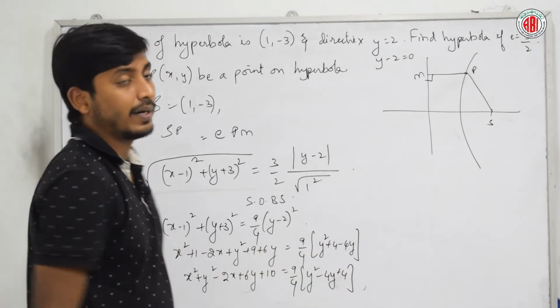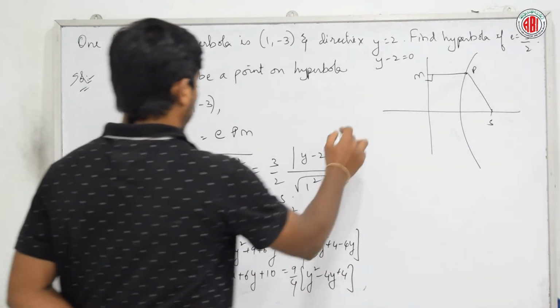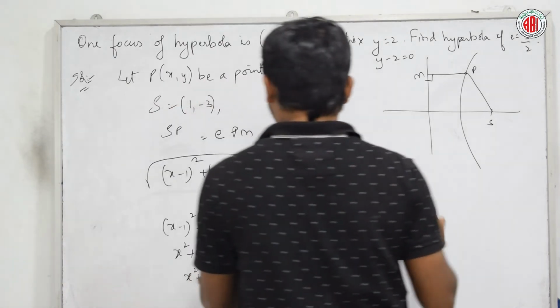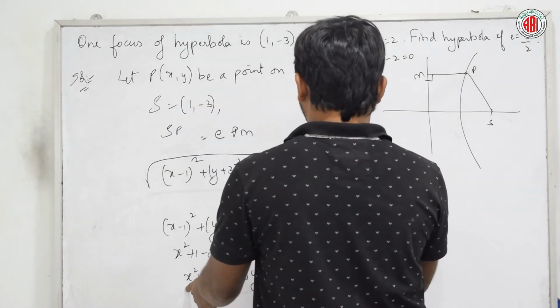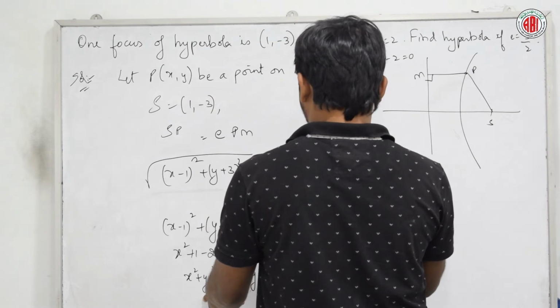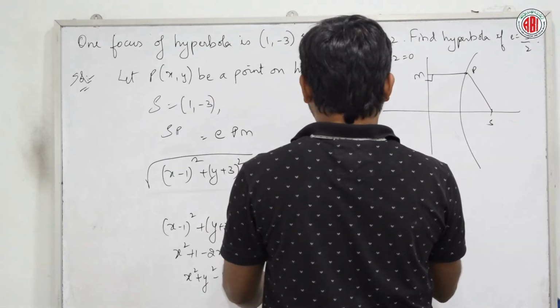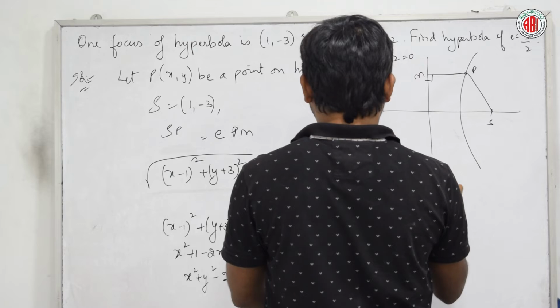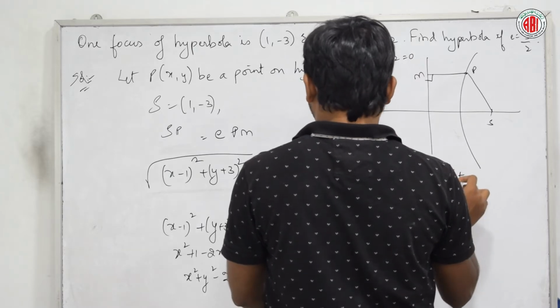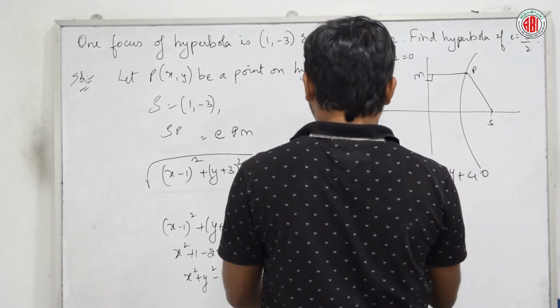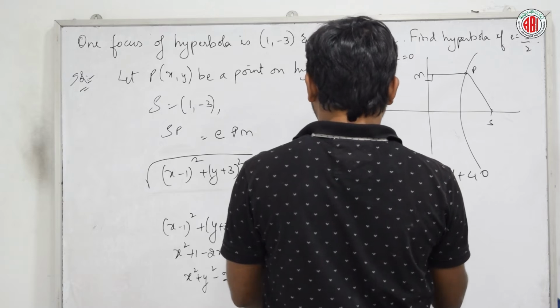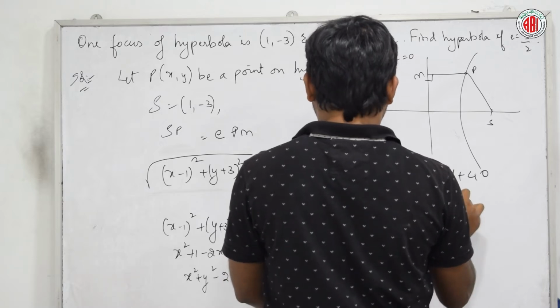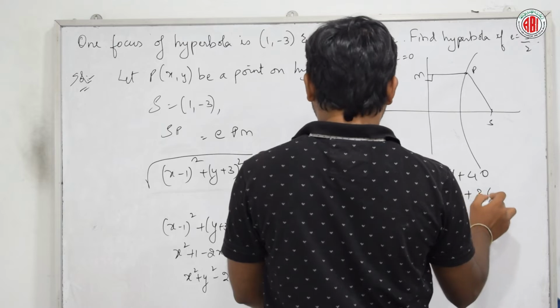Now let us cross multiply and simplify. So we get 4x square plus 4y square minus 8x plus 24y plus 40 equal to 9y square minus 36y plus 36.